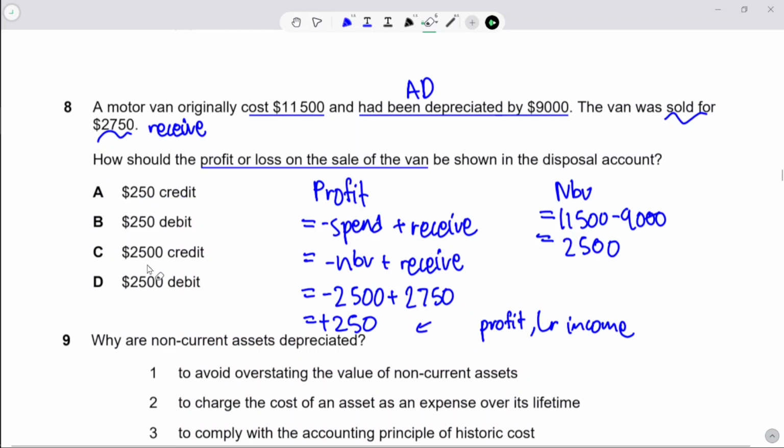You profit, so you credit the income statement, but it will debit the disposal. What he wants us to do is the disposal account, so the disposal will be debited. So his answer is B.